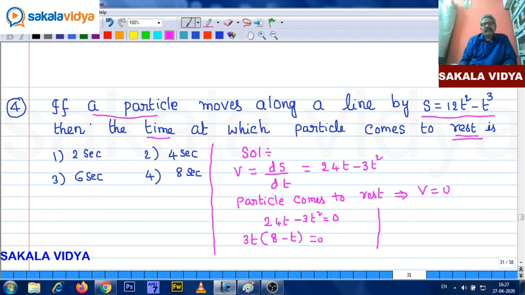Here we get two equations, 3t equals 0 and 8 minus t equals 0. So t is equal to 0 seconds, or t is equal to 8. If you put t equals 0, displacement is 0, so the particle has not yet started, that is the rest position. We need to ignore it. After travelling 8 seconds, the particle comes to rest. So the fourth option is the right option.